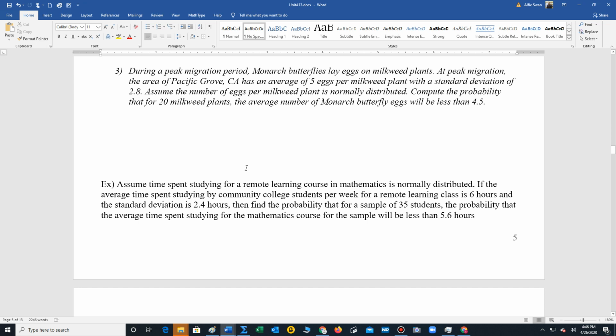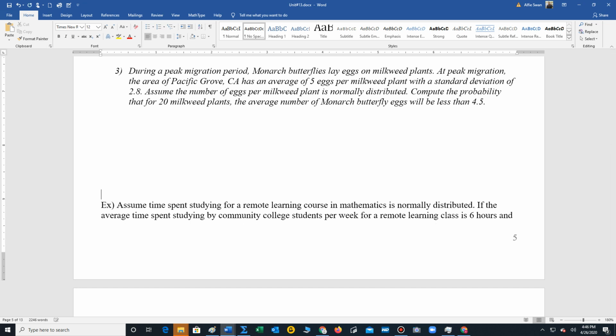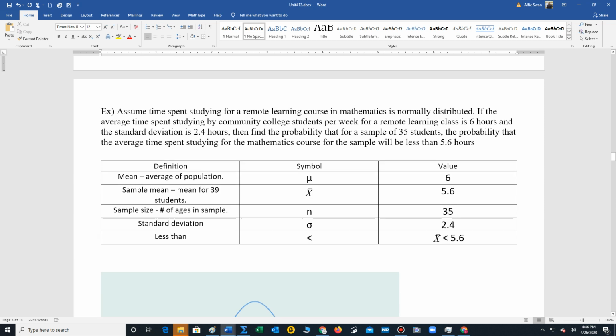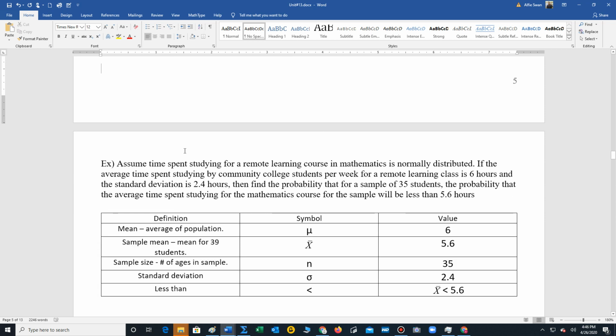Let's go ahead and look at another example, just to clarify the concepts. Let's assume time spent studying for a remote learning course in mathematics is normally distributed. Here, when it says that, we don't have to worry about the distribution. It is normally shaped.